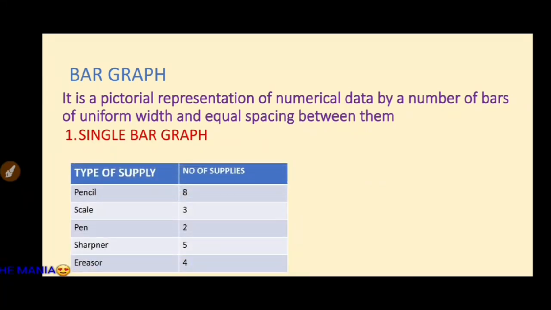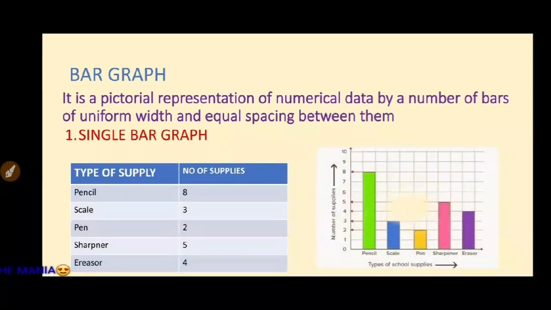This table shows us the number of supplies and type of supplies. Number means frequency, so frequency we will represent on the y-axis of the graph and types of supply on the x-axis. You have already learned how to make a single bar graph in class 6. So this is the graph which we are going to get here.